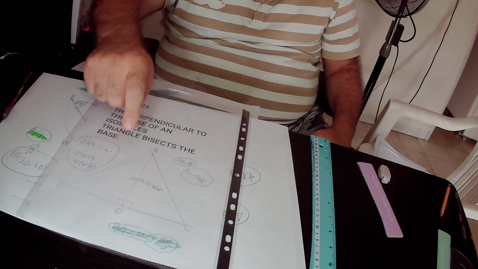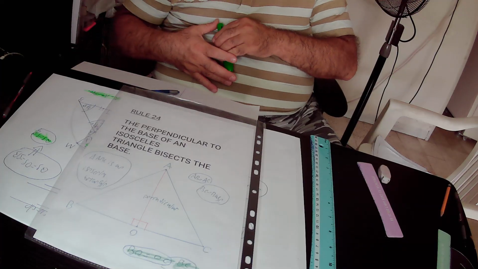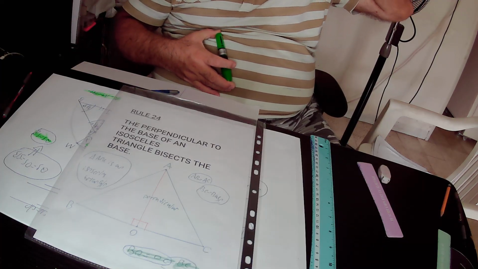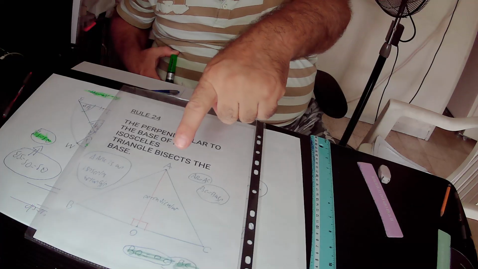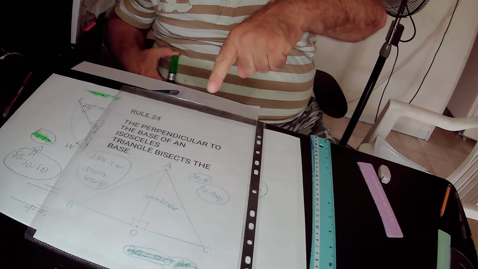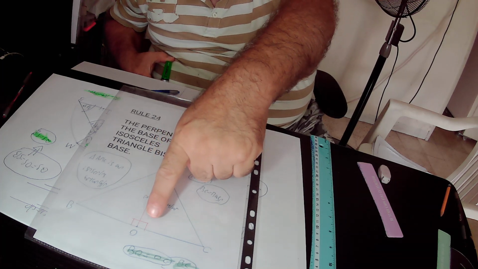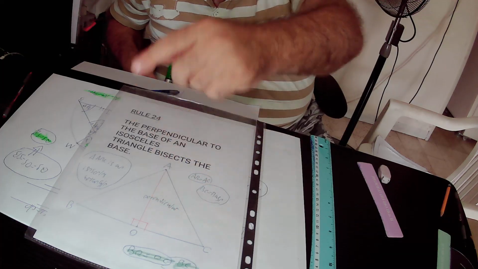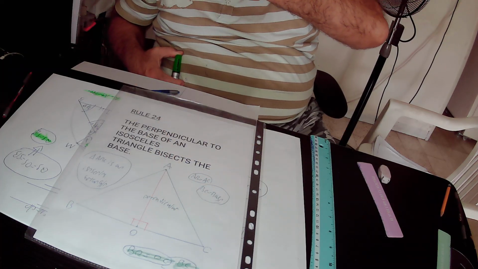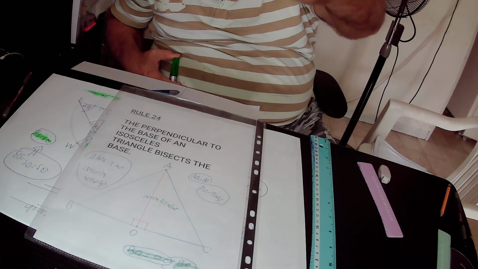BC is the base of this isosceles triangle. According to this rule 24, the perpendicular AO to the base BC bisects the base BC. First of all, AO is the perpendicular, therefore this angle equals 90 degrees, and this angle also equals 90 degrees according to our construction. And according to this rule 24, the perpendicular AO to the base BC bisects the base BC.